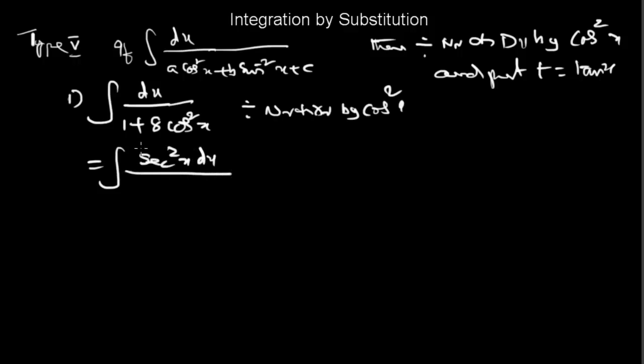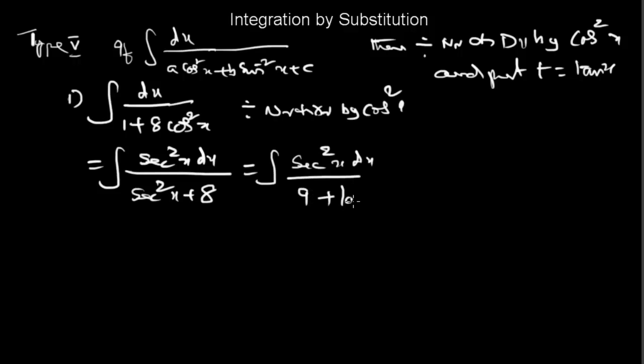And when you divide the denominator by cos squared x, 1 by cos squared x is secant squared x, plus 8 cos squared x by cos squared x is only 8. Now this secant squared x is written as 1 plus tan squared x. So 1 and 8 gives you 9. Integral secant squared x into dx by 9 plus tan squared x.